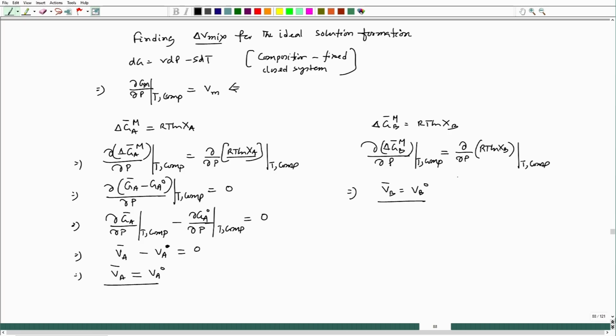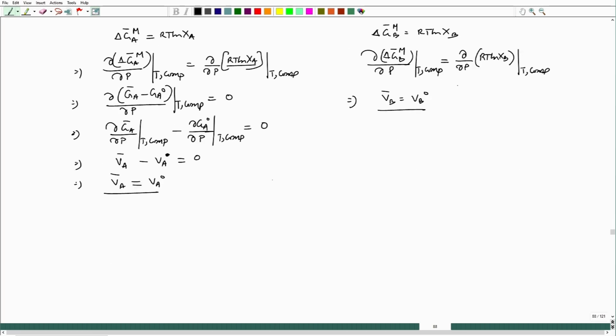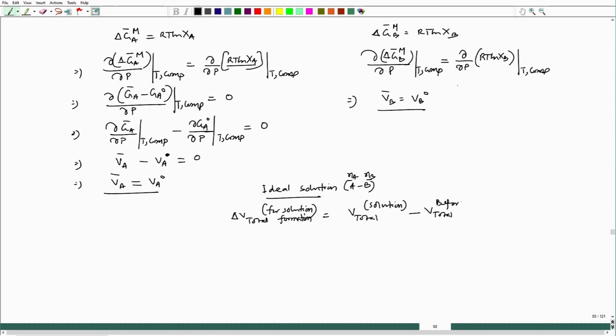Now, if we consider the solution formation, we are talking about ideal solution formation of A B, and there are Na and Nb moles of A and B. At that time we can write delta V total for solution formation as V total for the solution minus V total before mixing.